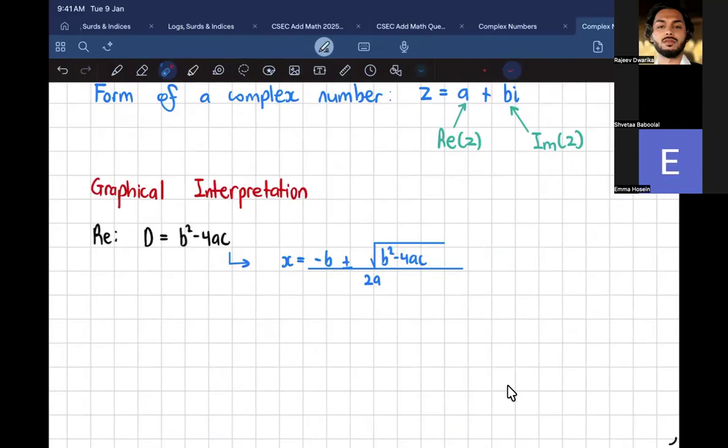It's inside a square root sign. Depending on whether it's positive or negative, you'll get real or imaginary answers. If you find the discriminant and you get a negative number, you'll have to find the square root of a negative number, which will give you a complex answer. Understand?